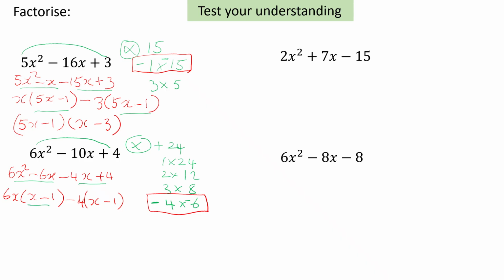Now x minus 1 is common to both terms. So (x - 1) times (6x - 4). Again, you can factorize. 2 is the common factor, so 2 times (3x - 2), then (x - 1).